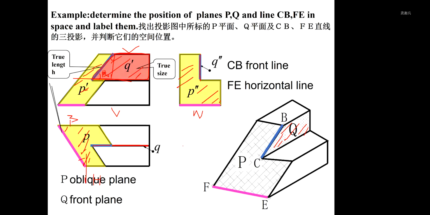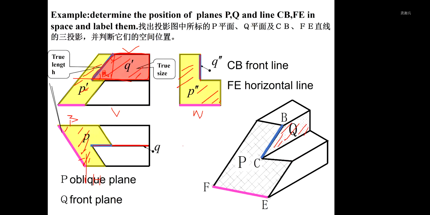So in this picture we have P, Q, CB, and EF, which are spatial lines and spatial planes. Q is a special spatial plane. P is the inclined plane, so it is an oblique plane. For the BC line, BC is a front line. FE is a horizontal line. Q is a front plane.